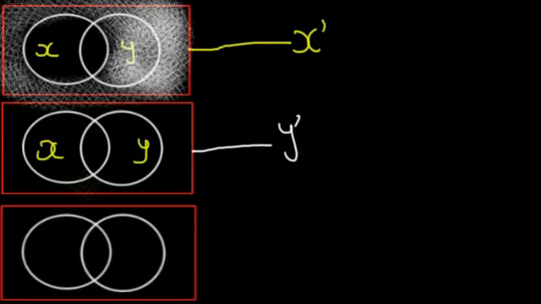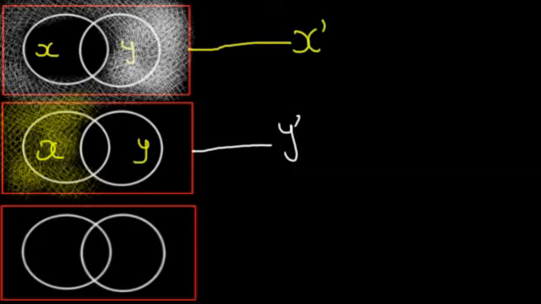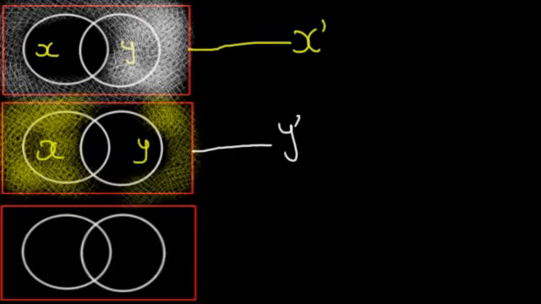It means we have to shade all this portion over here. I actually want to use white color, so let's just use it that way. So we have to shade all the portion except the y portion alone.